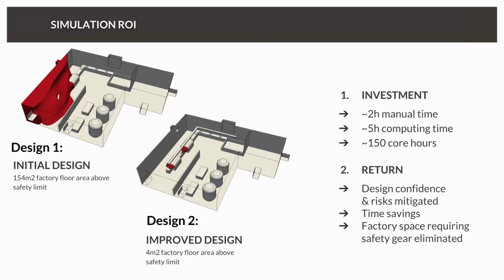And in return, we received design confidence, and the risk was managed. We now improved it. We saved a lot of time. Just imagine how much it would cost if you found this out when you started to further plan the hall based on this layout. And basically the factory space where we were trying safety gear was eliminated.